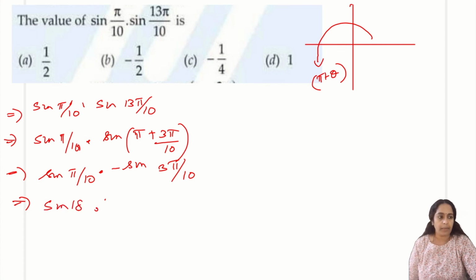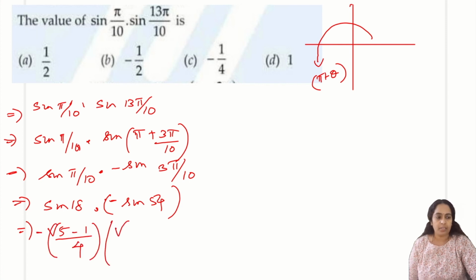Here 3 pi by 10 is going to be 54, so minus sine 54. So sine 18 degrees is going to be root 5 minus 1 by 4. And this minus sign I can bring to the front. So this will be root 5 plus 1 by 4.